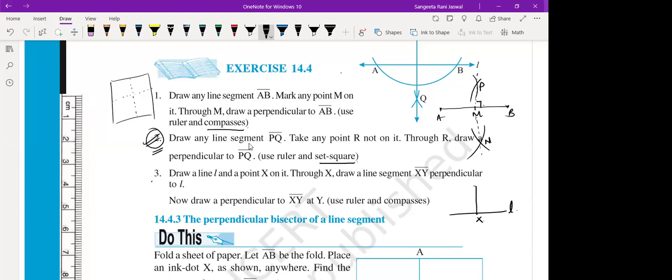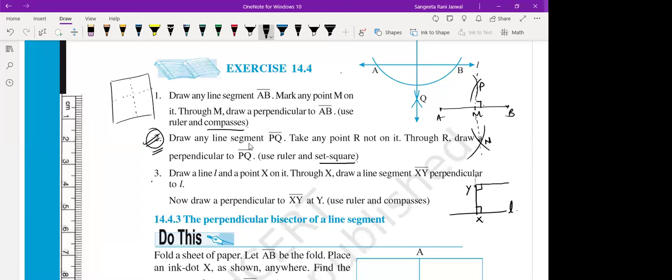Now, draw a perpendicular to XY at Y. This is the point Y here. Now we have to draw a perpendicular to XY, so we have to make another perpendicular. If I extend this line, we have to make another perpendicular here on Y. You understood, Neha? Yes, ma'am. This is one perpendicular, and this is another perpendicular.